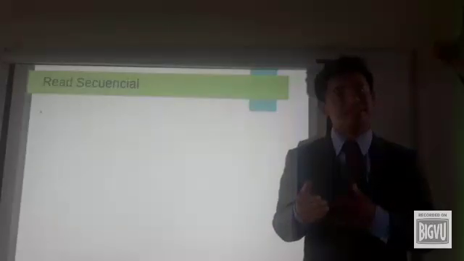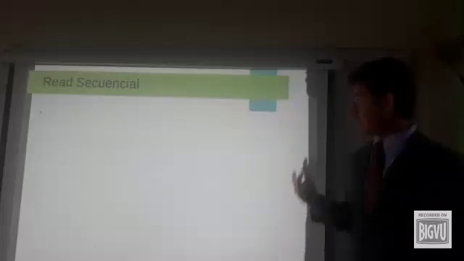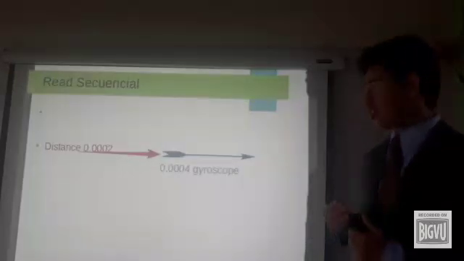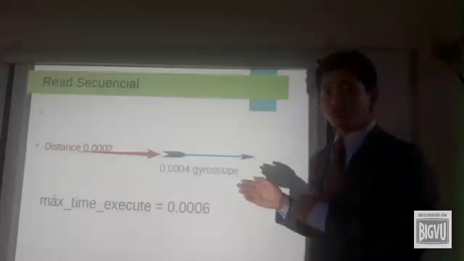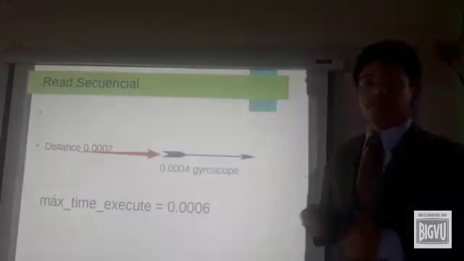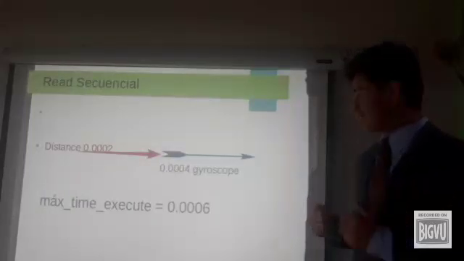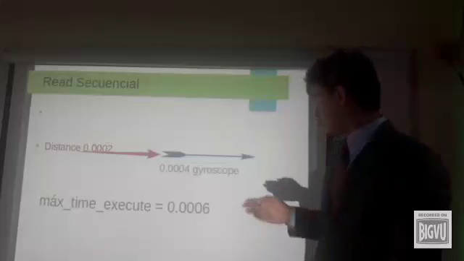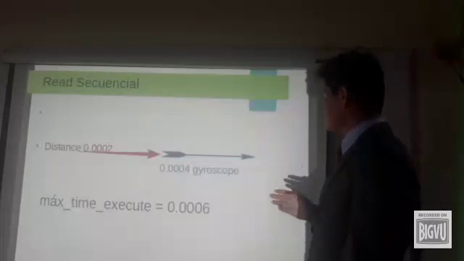Let's see with a small example. If I decided to make my solution sequentially, each work looks something like that. Imagine that accessing the distance data takes 2 milliseconds and accessing the gyroscope takes 4 milliseconds.